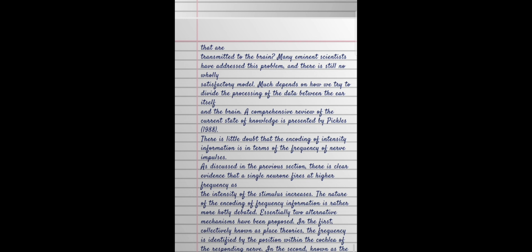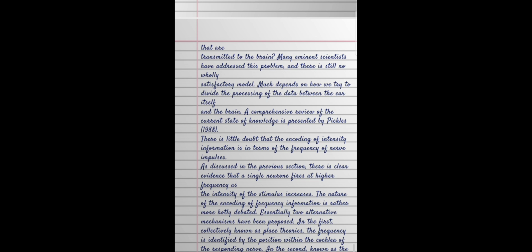As discussed in a previous section, it is clearly evident that a single neuron fires at higher frequencies as the intensity of the stimulus increases.